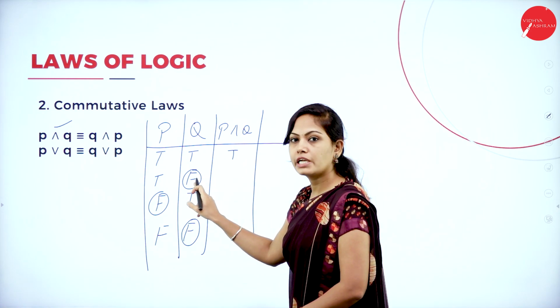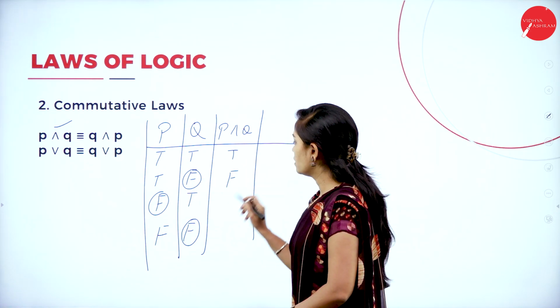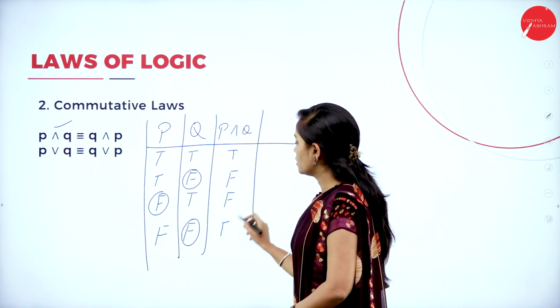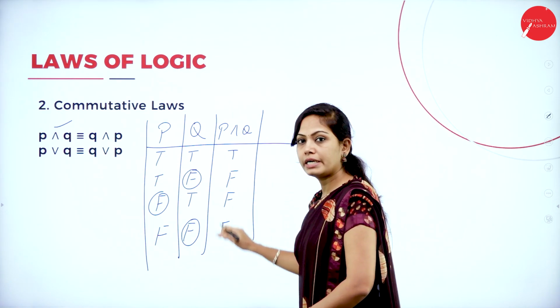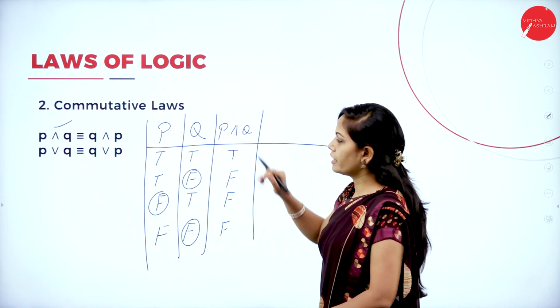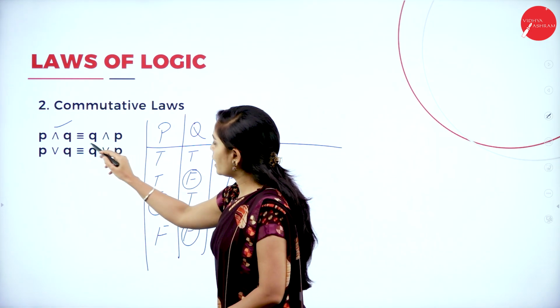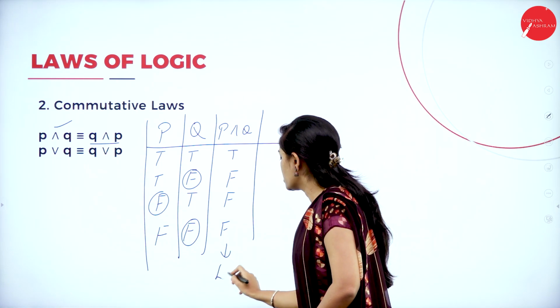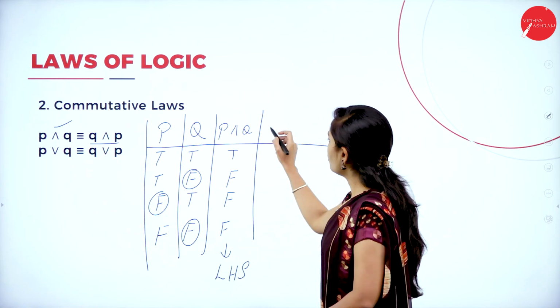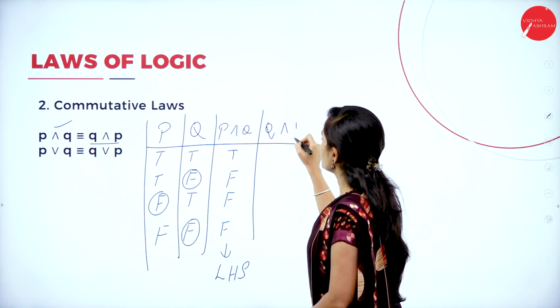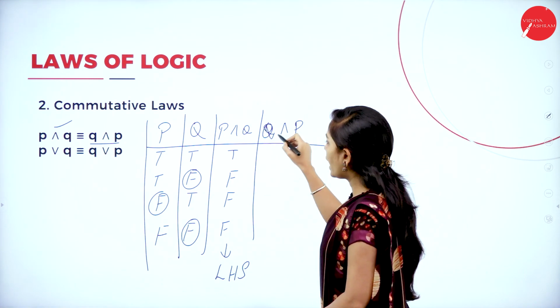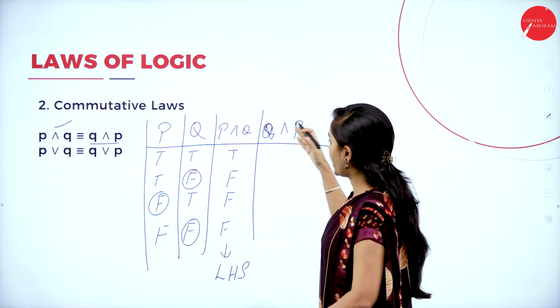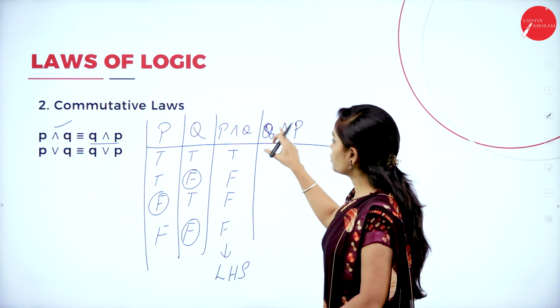If any one of the statements is false, we'll get a false condition. So except this true, true, all the conditions are false in AND operation. So this is LHS. And now I will find out RHS. So Q and P.